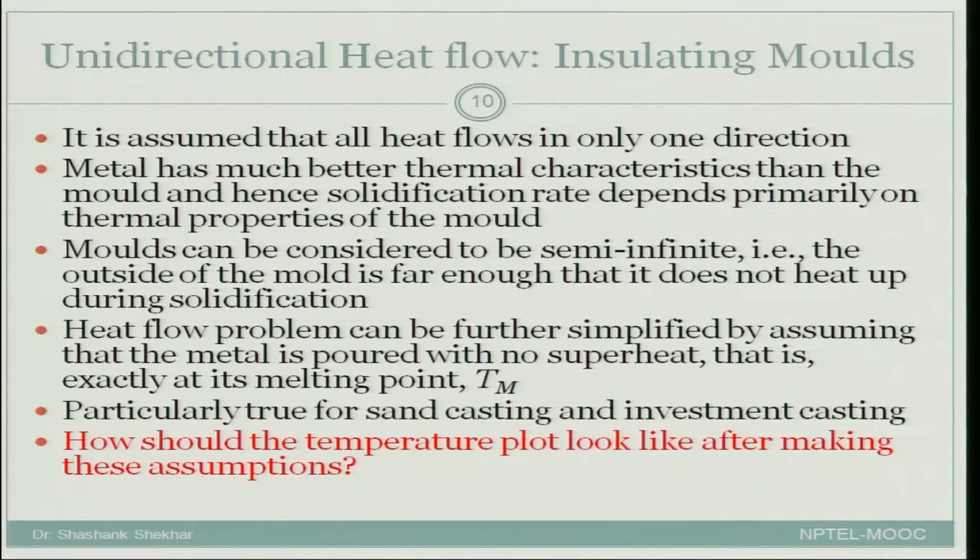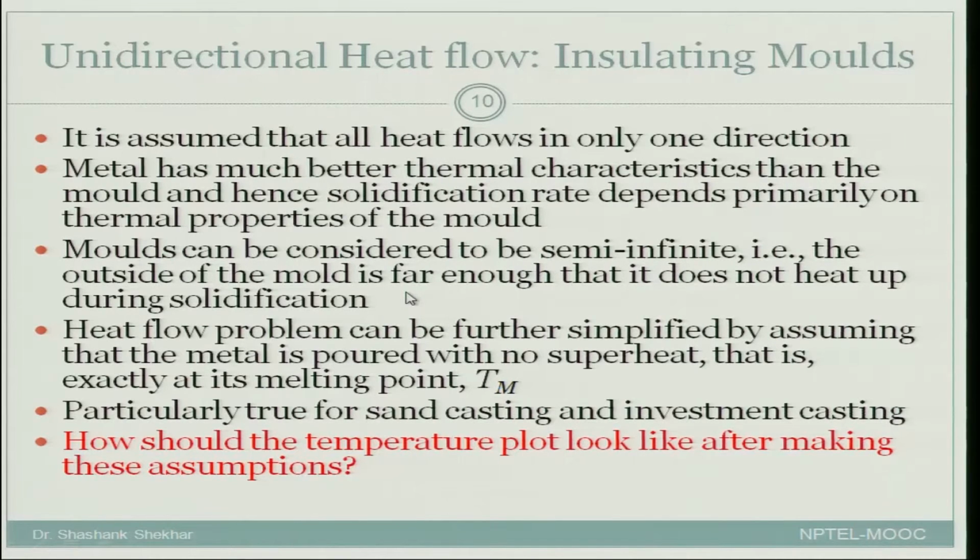And then we had looked at the insulating mold condition, and all of this we discussed in the unidirectional heat flow condition. We assumed that the heat flow is in only one direction, and that the conductivity of the metal is very high, so all the thermal drop takes place only in the mold.